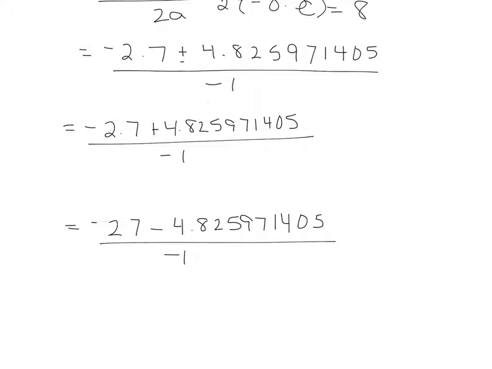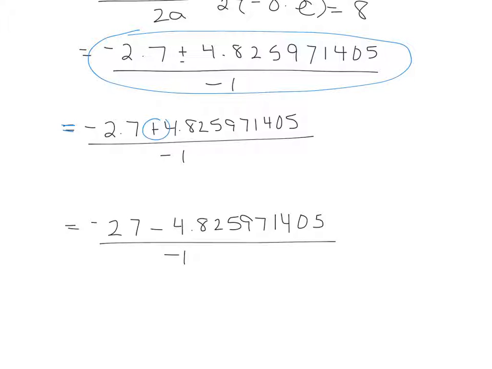Okay, so to solve this problem using your calculator, you want to break this up into two different calculations because we have two answers. The first calculation is negative 2.7 plus 4.825971405 divided by negative 1. And then the second calculation will be the minus.